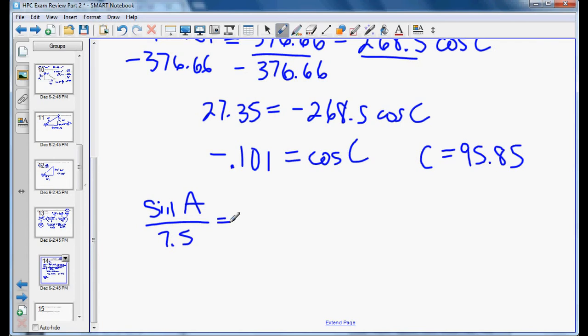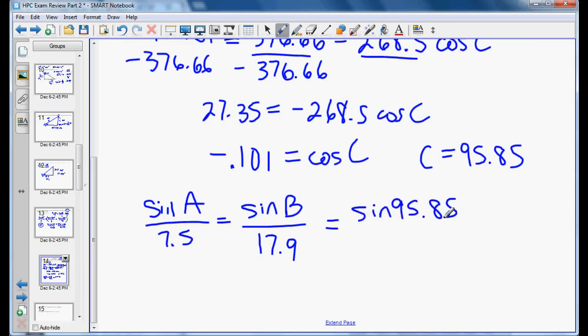Okay, I'm going to try to save a little bit of time here. You will just cross multiply. Okay, 17.9 sine of 95.85. And then we do divide both sides by 20.1.